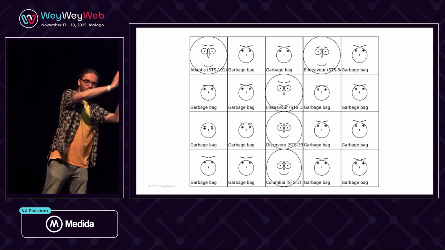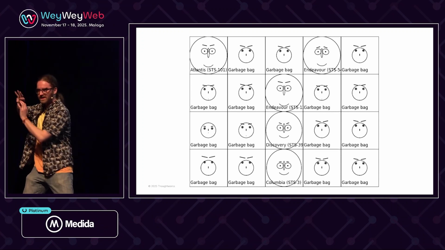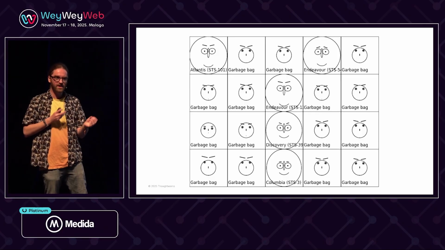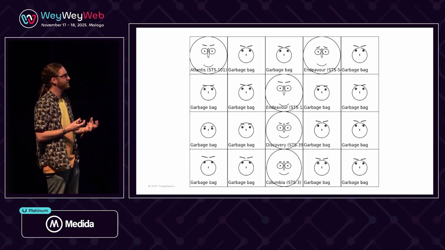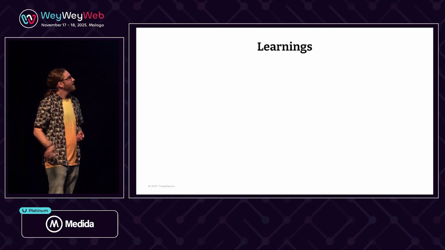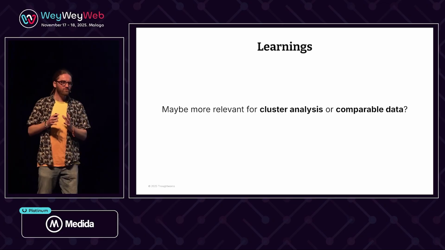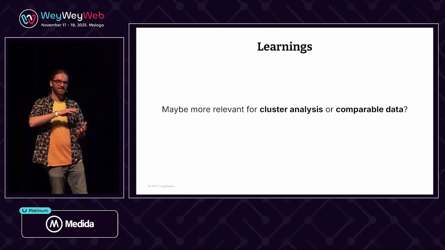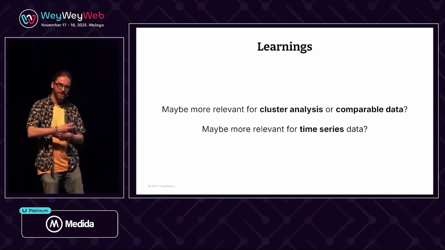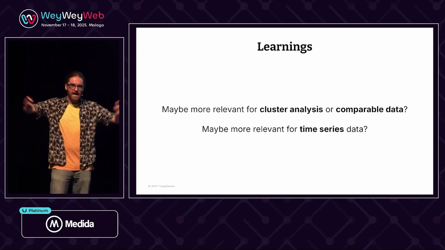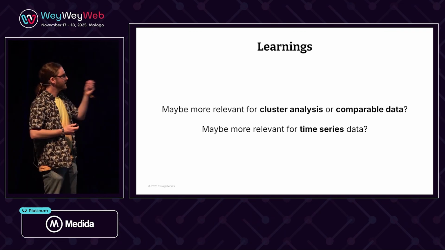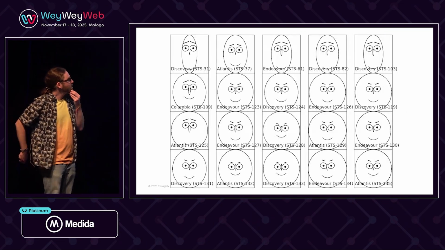We have all the small things on one end, all of the big things on the other end, and it squashes out all the details. It's very difficult to get fine detail out of this. So I learned that this is probably more relevant for cluster analysis or comparable data, possibly time series, seeing how something changes over time rather than comparing two completely different things.